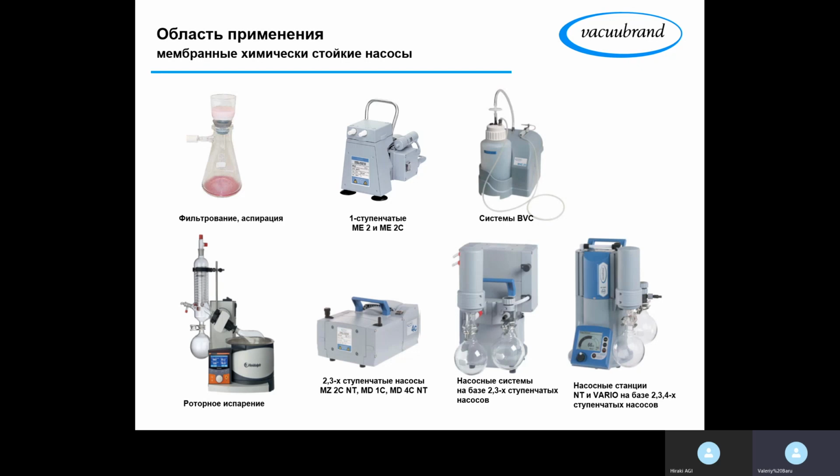So you can easily use it for the filtration of ethanol, any kind of alcohols, actually, or of water, but not for chemically aggressive ones, like chloroform, or, I don't know, maybe some vapors of hydrochloric acid and so on.